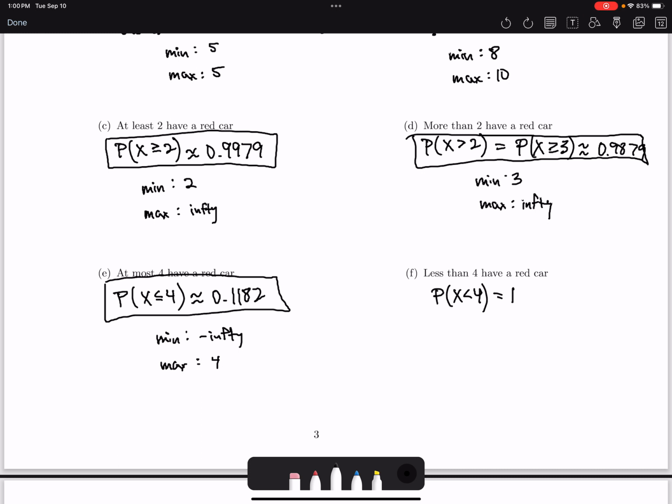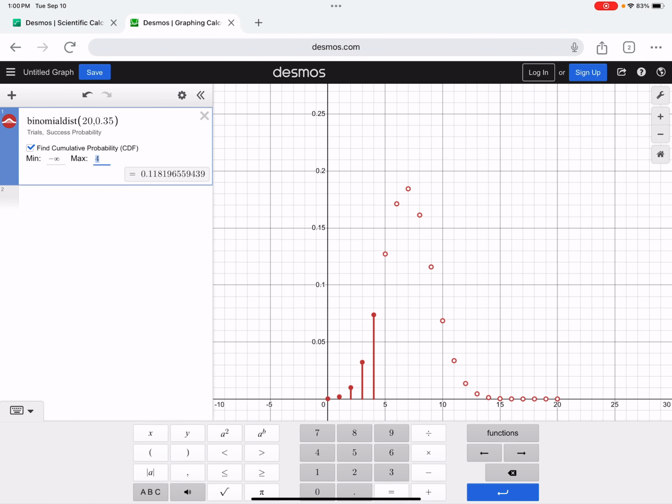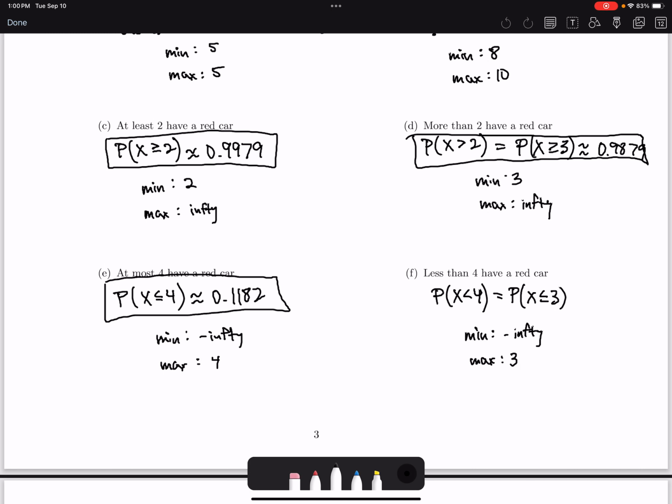So this is the same thing as the probability x is less than or equal to 3. So our minimum is again going to be negative infinity, but our maximum is going to be 3 this time. So let's change that maximum to 3. That's about 0.0444.